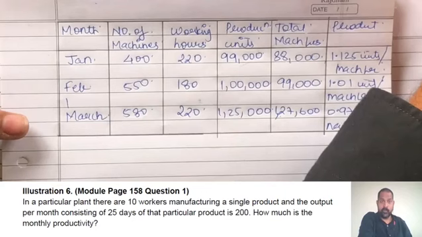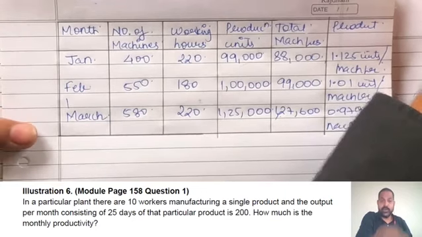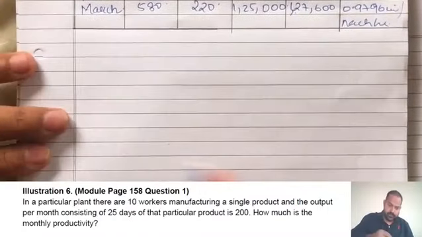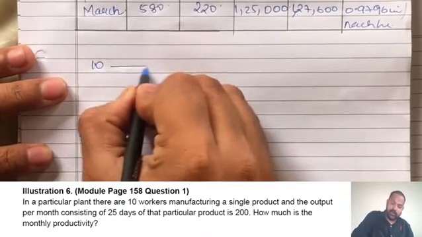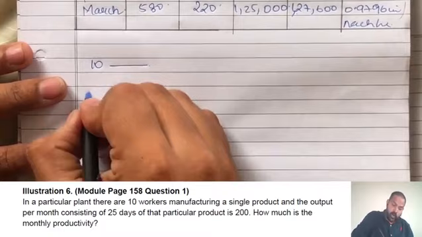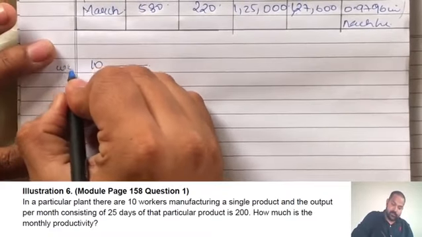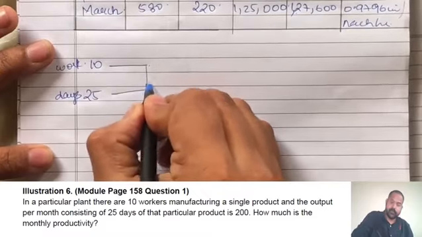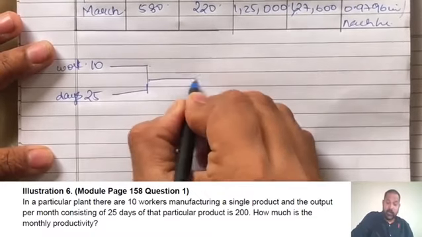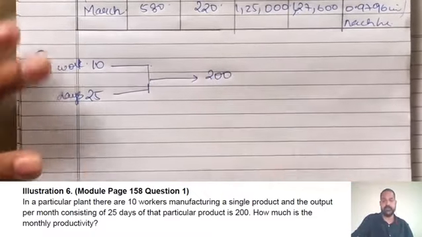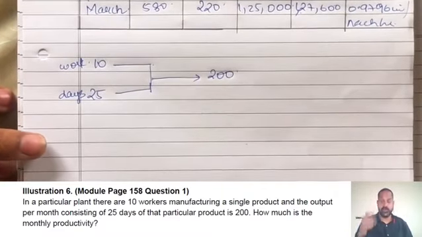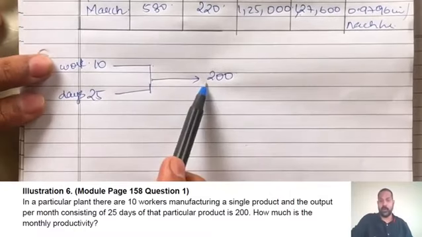So see, my problem with the question is that there are 2 things that are going in. Number 1, 10 workers are working for 25 days. Correct? And you are getting an output of 200 units. So I can ask you 2 things. Number 1, what is the worker productivity?